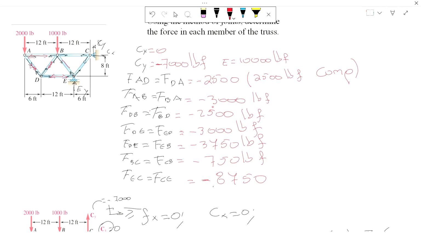So what is here, let's see, I'm finding that 2500, I think I have a typo here.